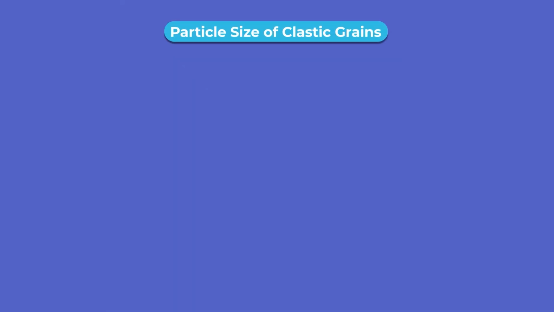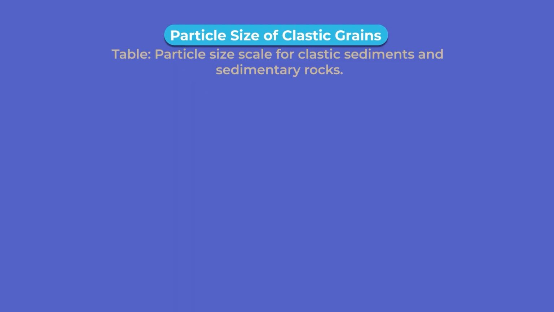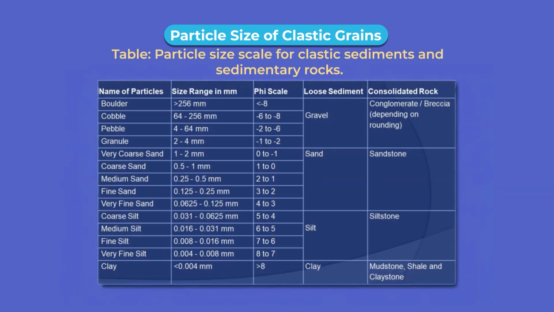Now the particle size of clastic grains. They have names. If you see the biggest one, we call it boulder. Boulder has a size of more than 256 millimeter, and this is on the phi scale, which I explained in my earlier lecture. It is less than -8.